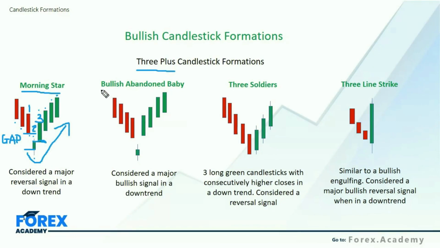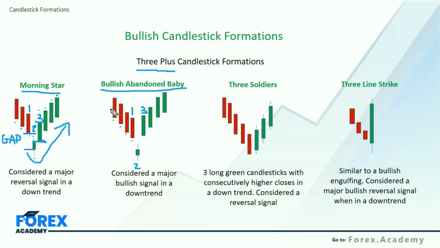So moving on to bullish abandoned baby. So again, just to identify that this market is moving lower, and the three candlesticks we're really interested in are these three, as you can see. So when we go to the first candlestick, we see a normal sort of consistent move lower.